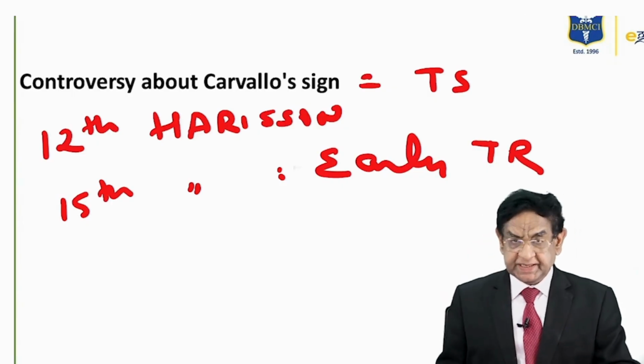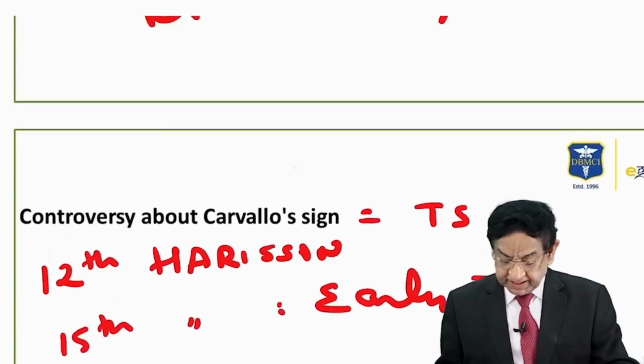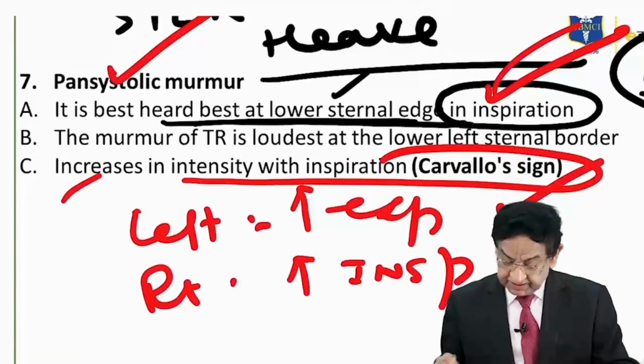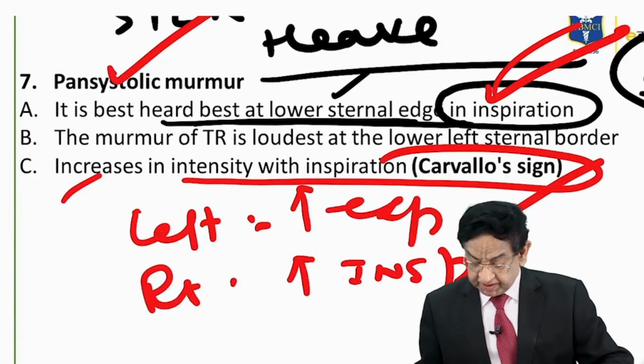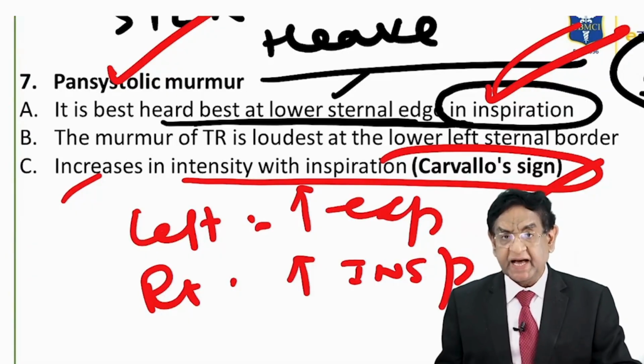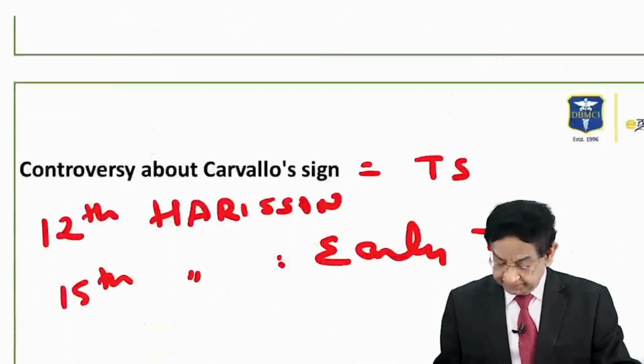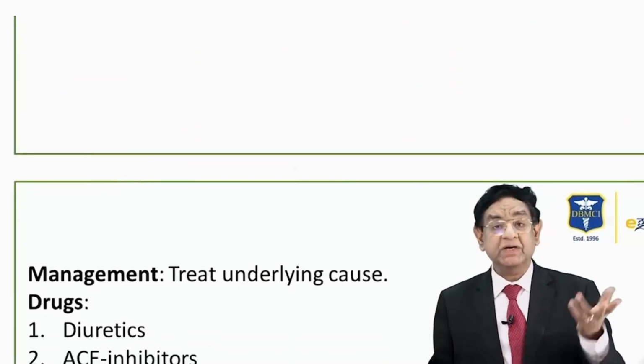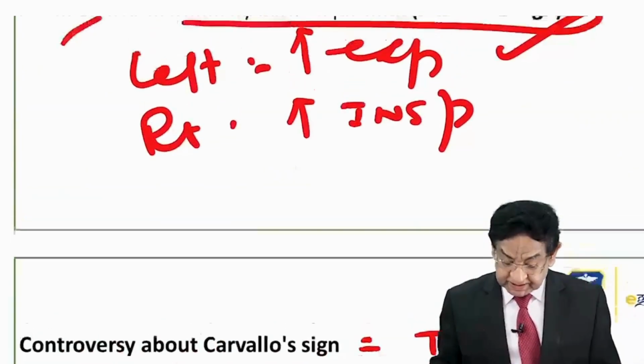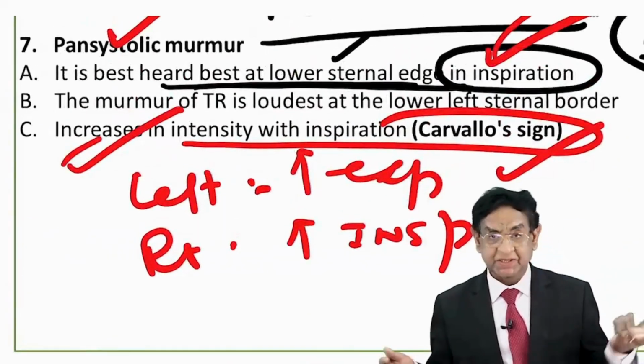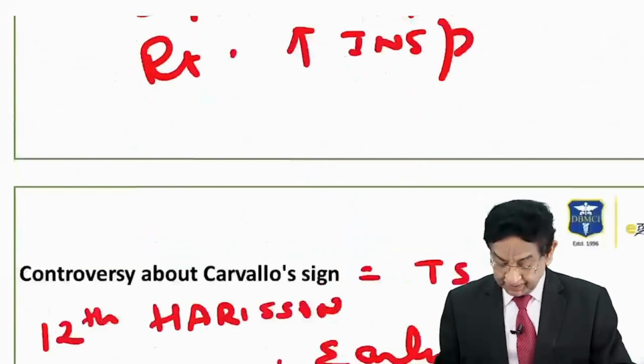But if you read the latest edition, they give this definition: the increase in intensity of a murmur with inspiration is Carvallo sign. So which is the best? This is the most accurate answer. It's again my duty to tell you.